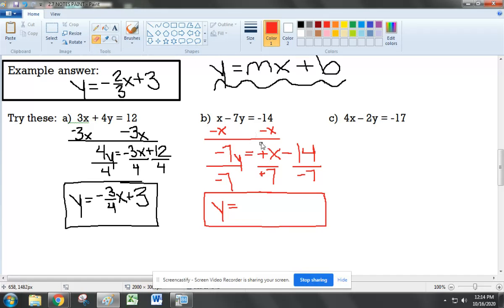And if we want, we can put a 1 next to the x. Now, we don't always do that, but in the case of mx plus b form, I think it's actually better to put a 1 there, because then when you look, you can just call it 1/7 x plus 2. And again, that's because a negative times a negative is a positive.